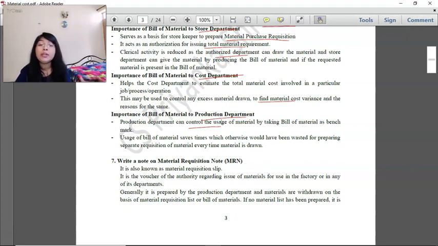It will help them in doing that inventory control thing. Okay. Now usage of bill of material will save time, which would otherwise be wasted in preparing a separate request for material. So on the basis of the bill of material only, the material requisition note can be drawn, or the same can be used for the purpose of material requisition. Okay.